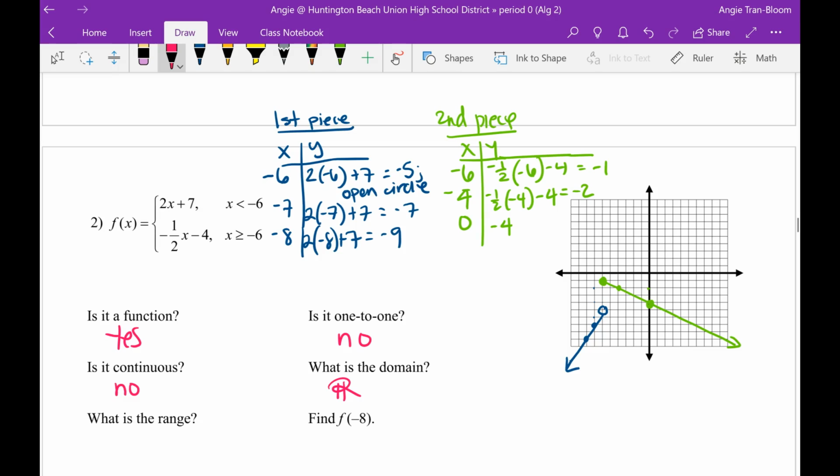Heidi and team, think about the range. What's your range? Remember, range is explaining what value, x or y. Is it all real numbers? Is the range all reals?